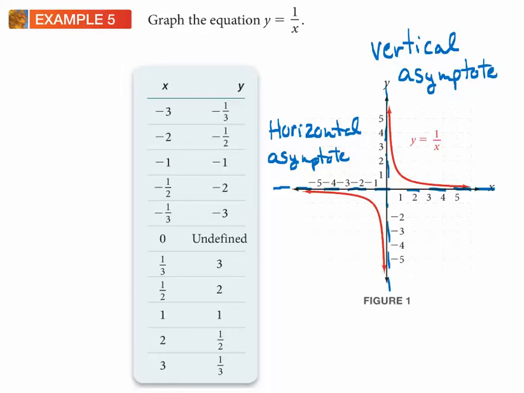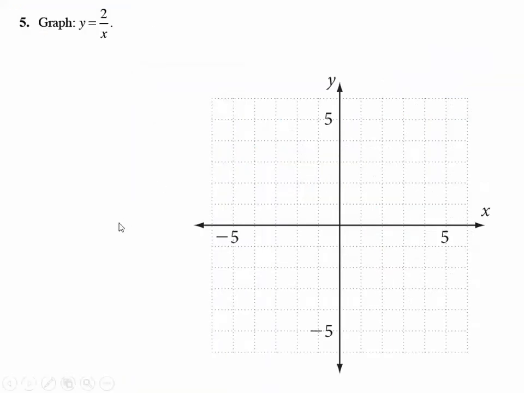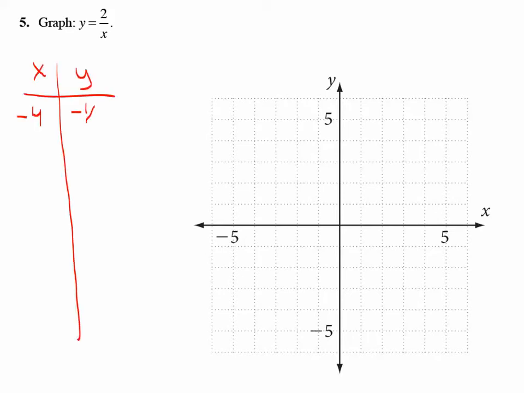So this is what we're going to do. For number 5, let's graph y is equal to 2 over x. And of course, we have to make a little table. Based upon a table, we'll put them together. And then we just want to get a general feel for how this looks. That's all. All right, first things first. Here's my table, -4 plugged in.